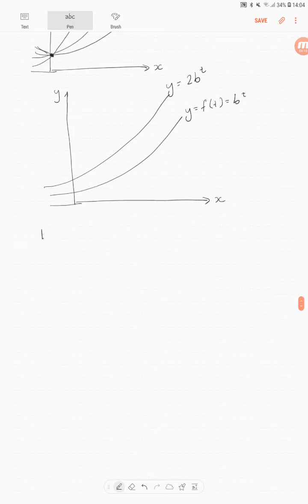So our preferred base value is b equal to the natural exponent. This natural exponent e is equal to the value of 2.71828, and is an irrational value like pi.